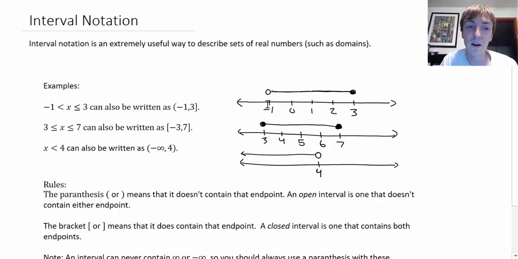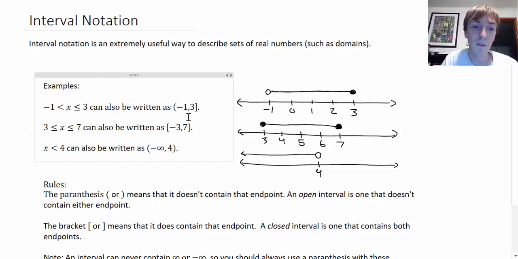What I see here is I'm looking at the numbers between -1 and 3, not including -1 because of the less than, but including 3 because of the less than or equal to. We use those open and closed circles just in the same way we use them on graphs, meaning whether something is included or not included. And that's exactly what the parentheses and the brackets mean. The parenthesis means I'm not including it. The brackets mean I am including it.